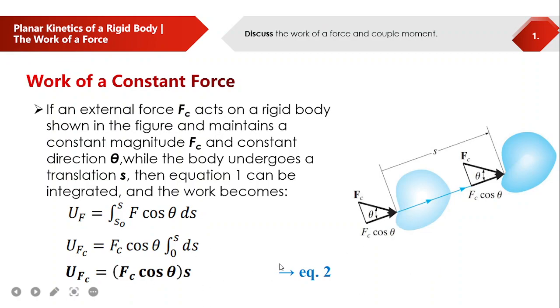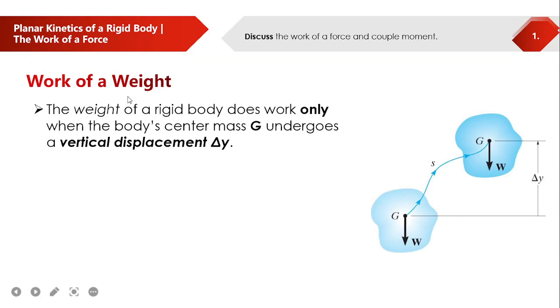Okay? Next is the work of a weight. So, ito mga weight, then of course, we're going to account for one. A weight of a rigid body does work only when the body's center of mass G undergoes a vertical displacement. So, if hindi siya nag-displace vertically, downward or upward, wala kang work done for the weight.